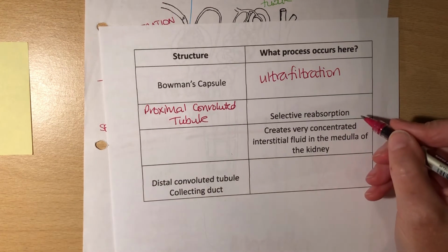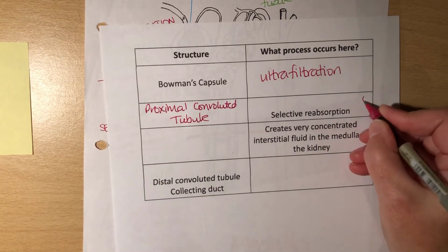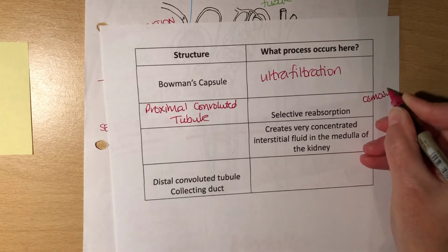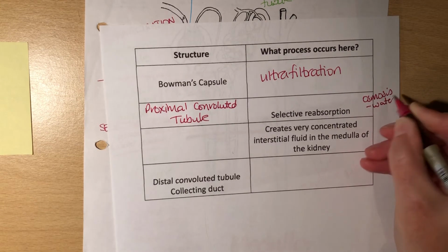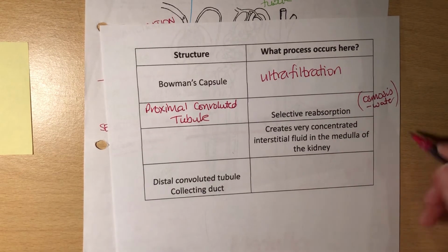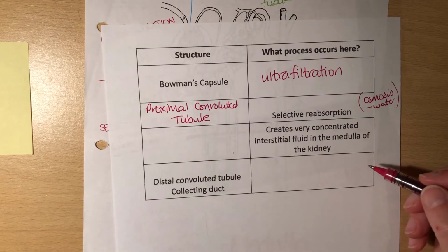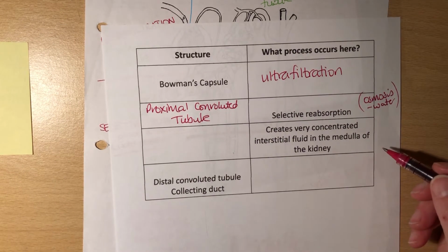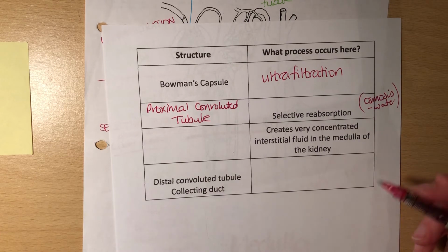And that's selective reabsorption. There's also water taken out. I'm just going to add that in there at the side because it is important. Maybe you should jot a little note down there as well.